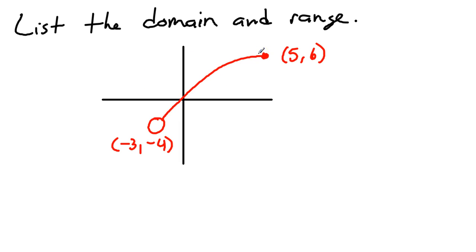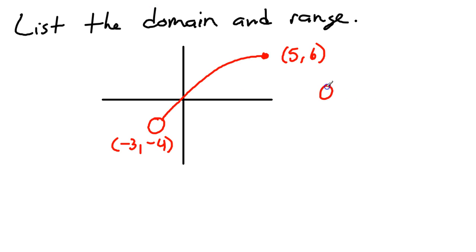I'm going to go ahead and give you the ordered pairs just to make it a little bit easier. So let's say you've got a lower left-hand point that's at -3, -4 with an open circle. You've got the right-hand point at 5, 6 with a solid circle. One thing you've got to go back and remember on those, if it's been a while since you've done the points, because the graphing we did for the review didn't talk about open circles and solid circles. But basically it is this.